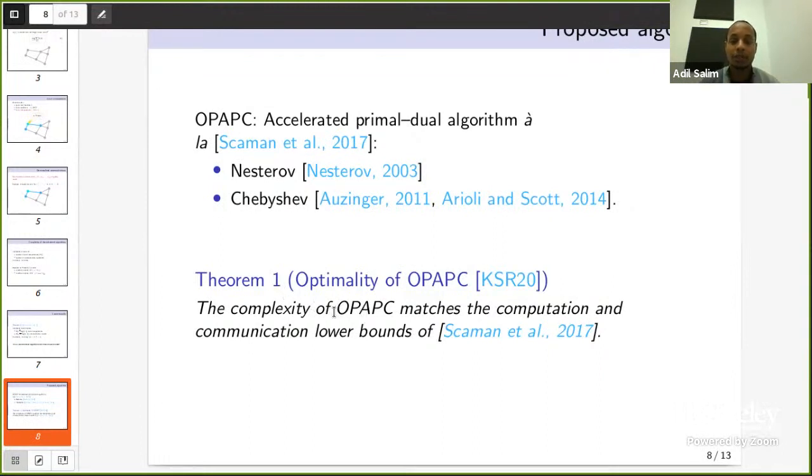This algorithm is obtained by taking a primal-dual algorithm and accelerating it using two techniques. The first is Nesterov's acceleration, a technique to accelerate optimization algorithms. The second is Chebyshev acceleration, a technique to accelerate the resolution of linear systems. These two techniques can be applied, and this way you obtain the optimal algorithm.